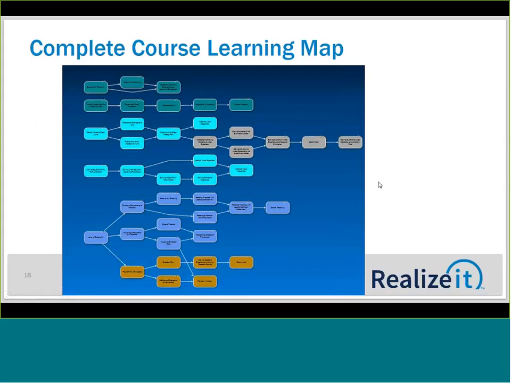So here is that algebra map, which we started by just having the course outline and the learning objectives. Each color here represents a different unit.